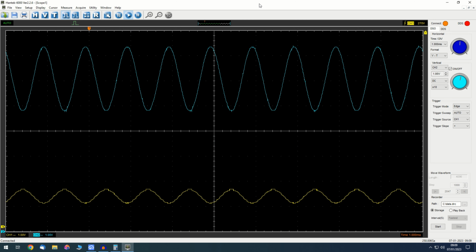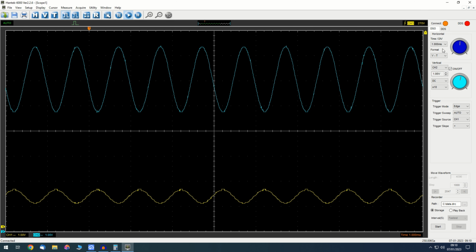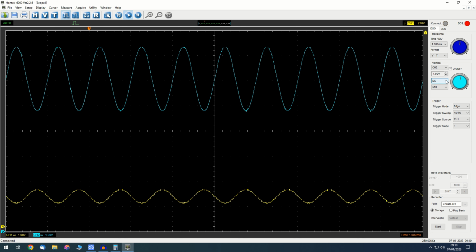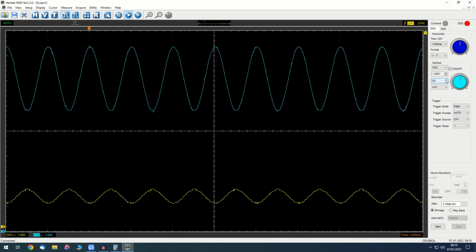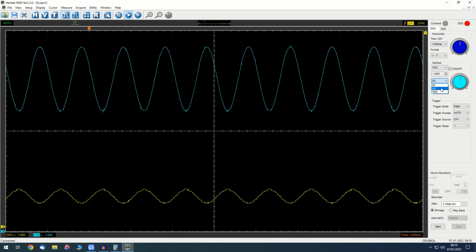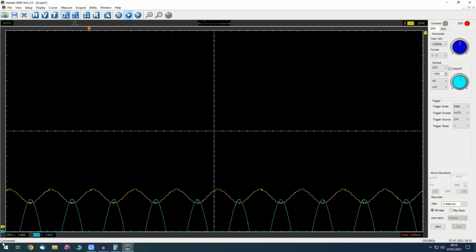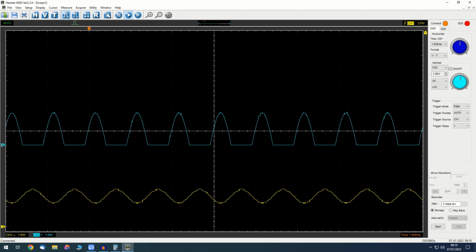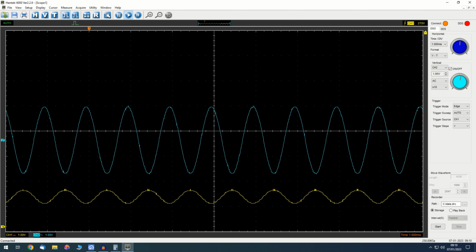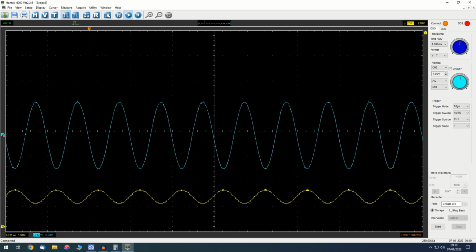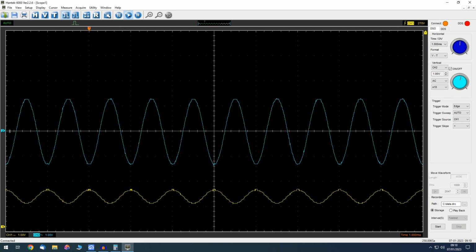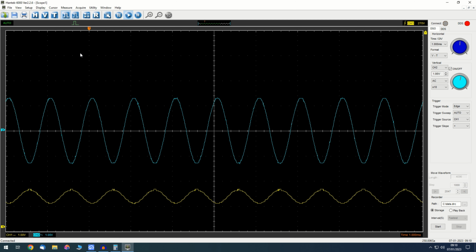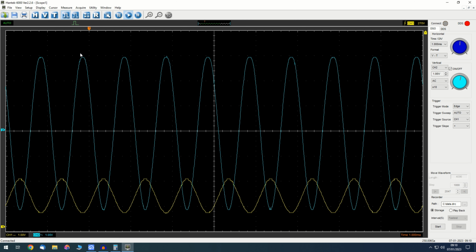Now if I change the coupling to AC on channel 2, the output from the collector is centered around 0. That's just confused the scope whilst I've changed the gain. Right, so you should be able to see the distortion start to appear then.